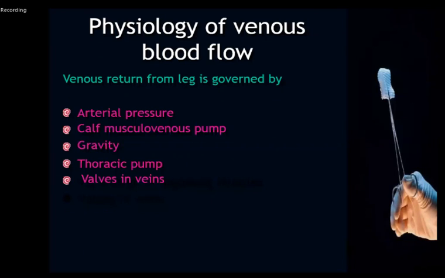So what is the physiology of venous blood flow? Venous return from the leg is governed by arterial pressure, calf musculovenous pump, gravity, thoracic pump, and valves in the veins.